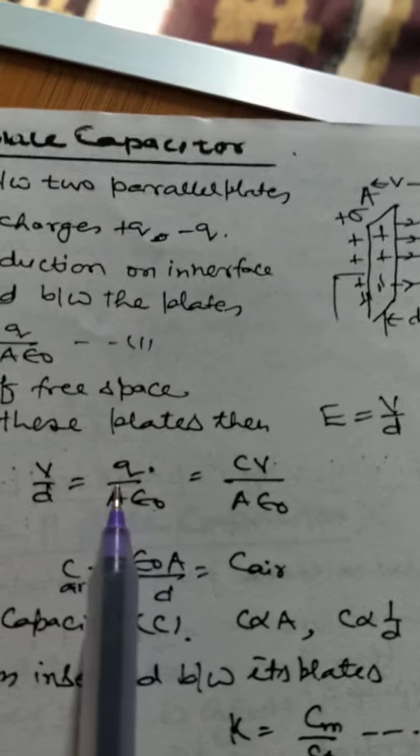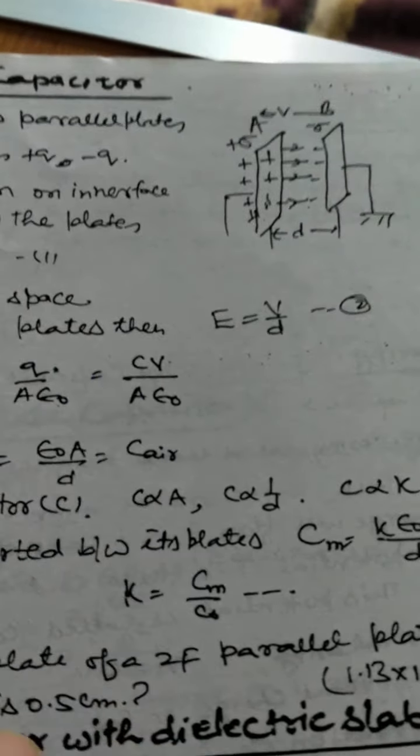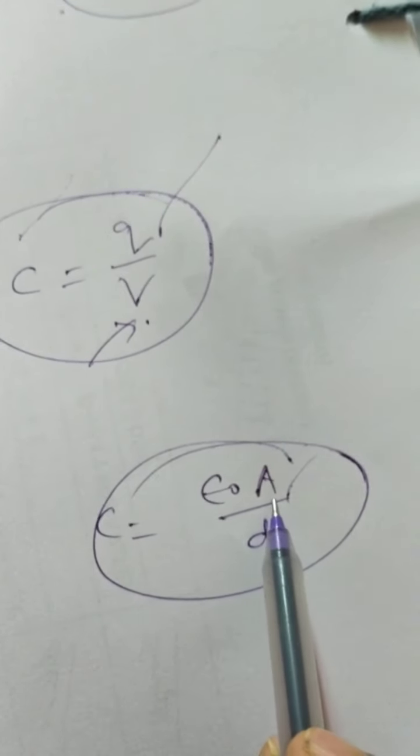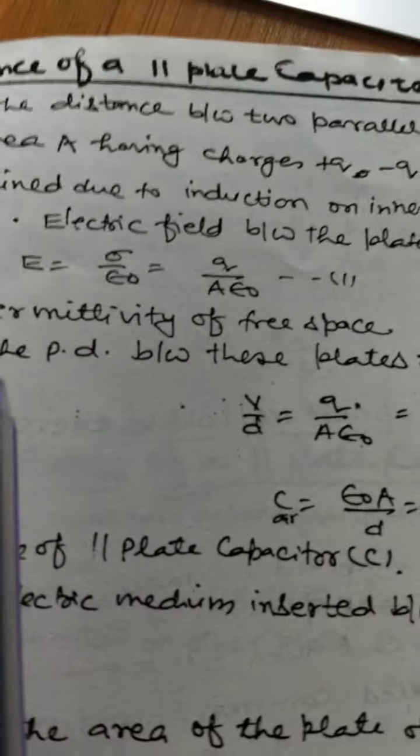Now let us suppose its capacitance is C. C is the capacitance. Then Q is equal to CV. I have replaced Q. Either Q is equal to CV or V is equal to Q by C. Here I have replaced Q with CV. V cancels out. Then we get C is equal to epsilon naught A by D. This A is the area of each plate. D is the distance. And epsilon naught is the permittivity of free space.